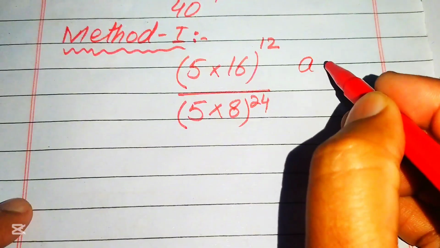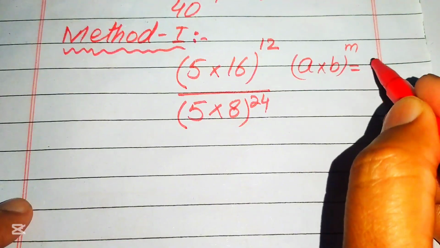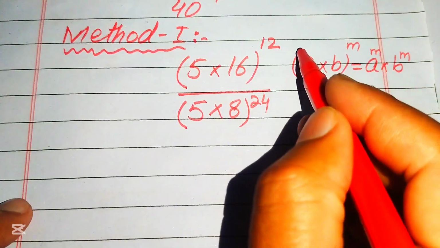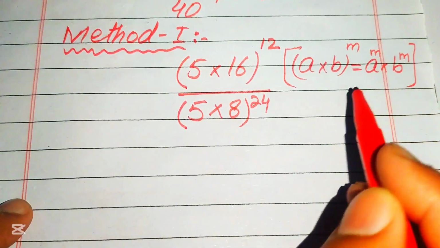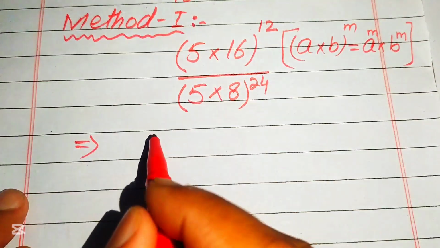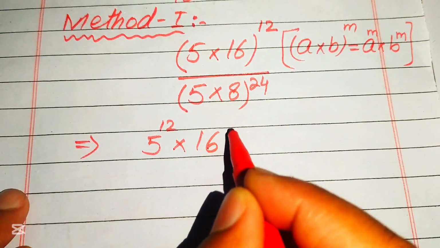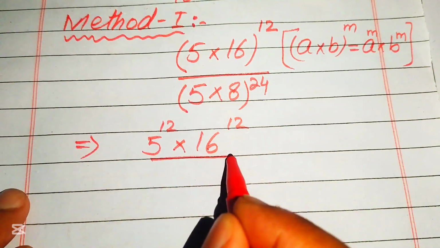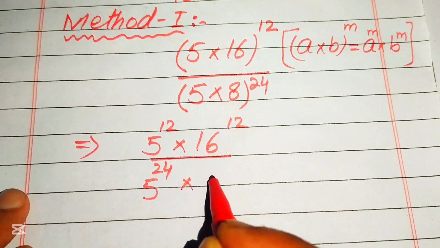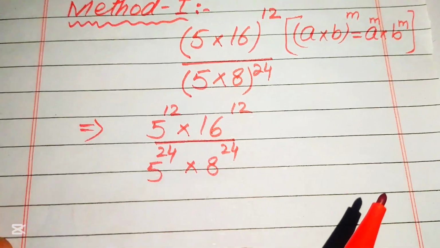You know that (a times b) to the power of m equals a to the power of m multiplied by b to the power of m. According to this exponent law, we break both of these exponents, and it will be written as 5 to the power of 12 multiplied by 16 to the power of 12 divided by 5 to the power of 24 multiplied by 8 to the power of 24.